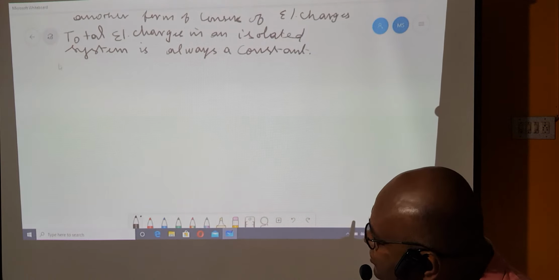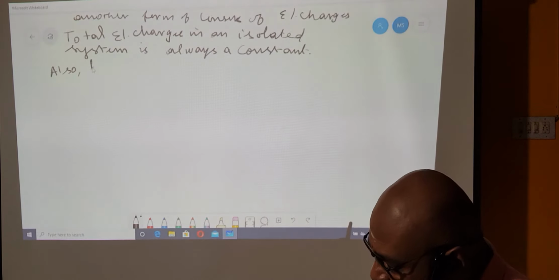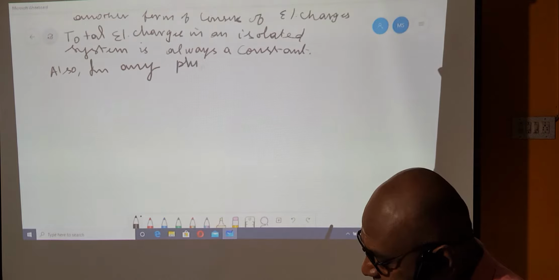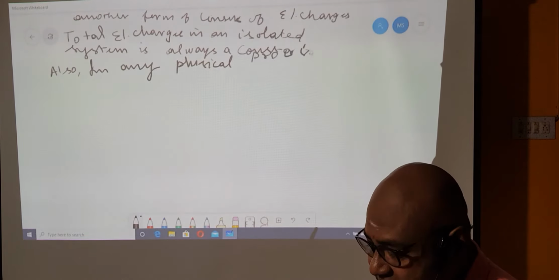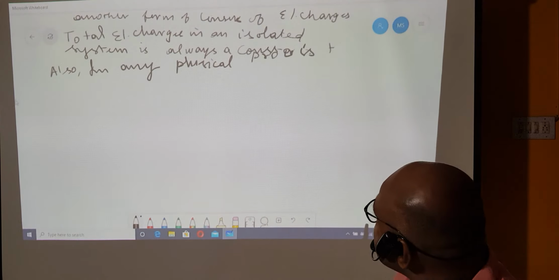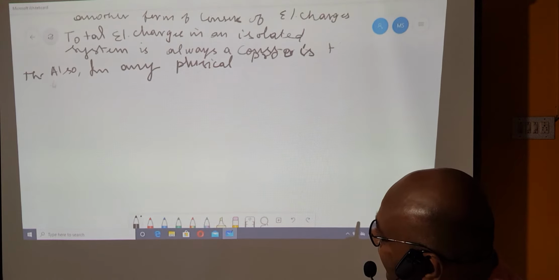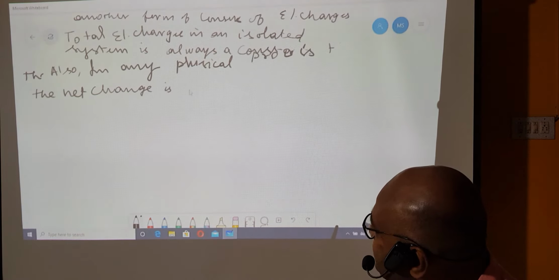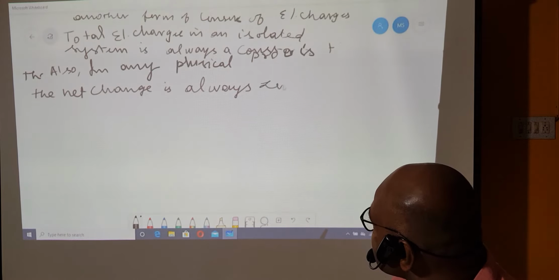We can also write it like this: in any physical process, the net change is always zero.